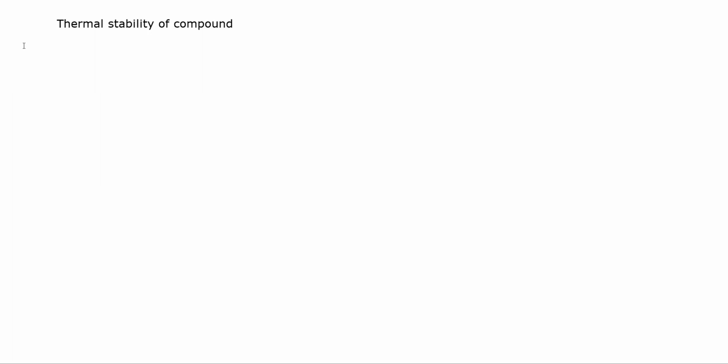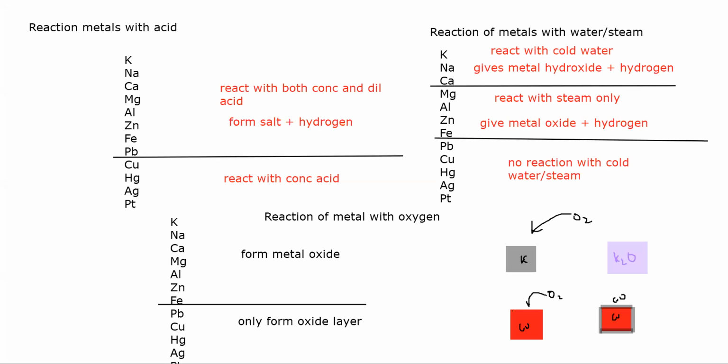So in this part, you will learn the thermal stability of metal hydroxides. Thermal stability of metal hydroxide means when we supply heat energy to the metal hydroxide, what we will observe, and this is according to the same reactivity.